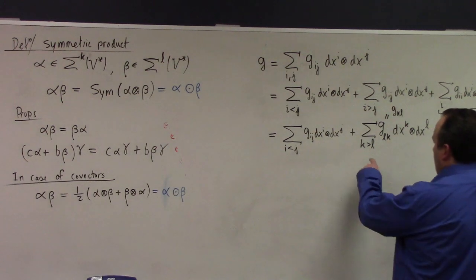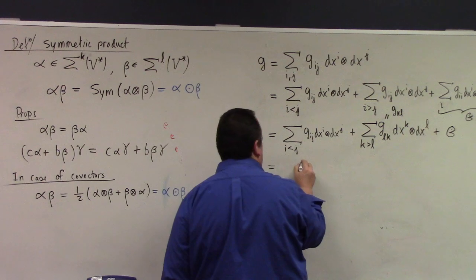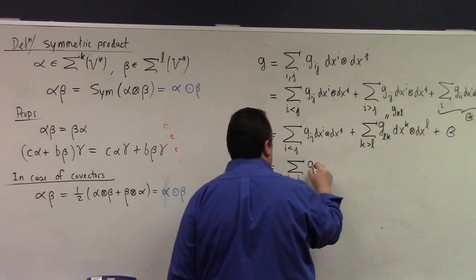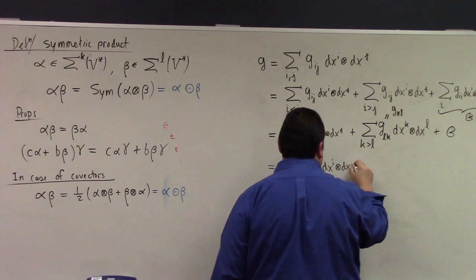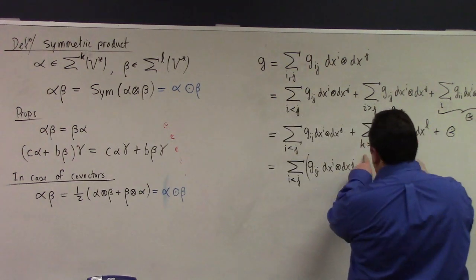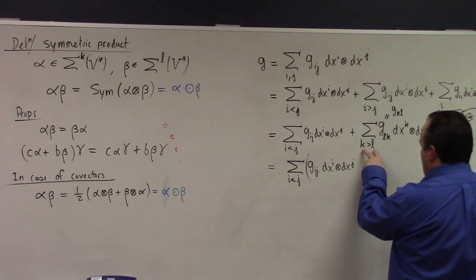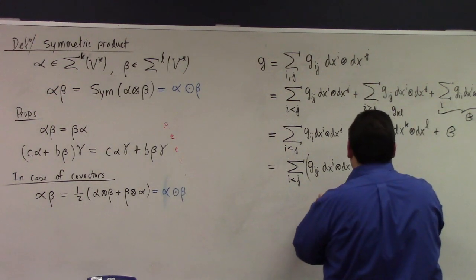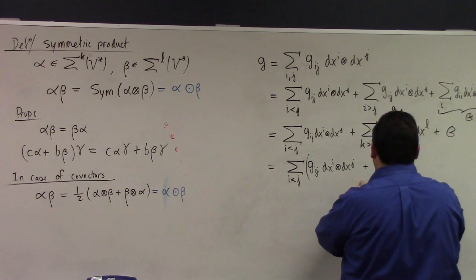And then notice the pattern. Let's rewrite that back in terms of i and j. So I've got the sum over i less than j of g_ij dx^i tensor dx^j. And then over here, I'm going to relabel l as i and k as j.